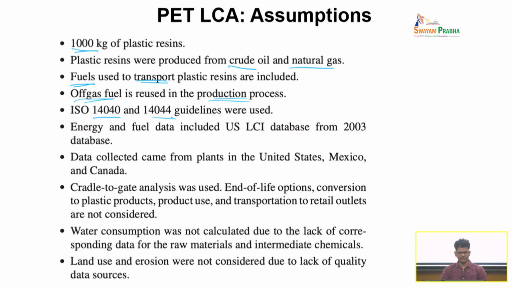The LCA is conducted based on the ISO standard, ISO 14040, and the database is the United States LCA database. This database consists of data obtained from various resin making plants in the United States, Mexico and Canada. So you clearly see that this is particular to the Western American countries, and to some extent Mexico also.